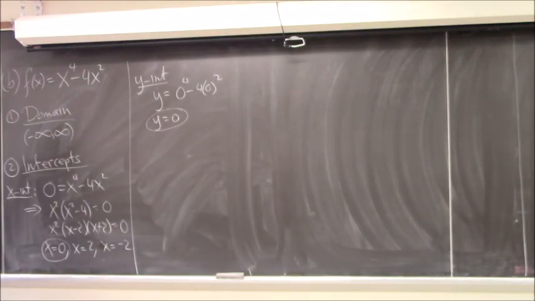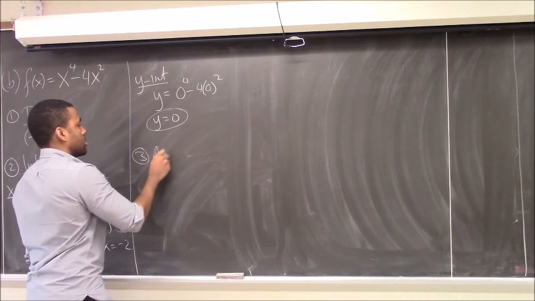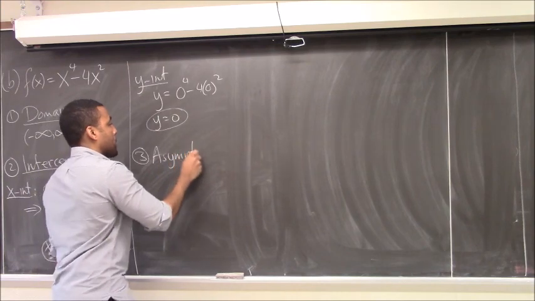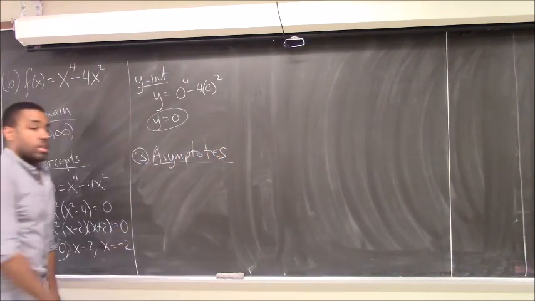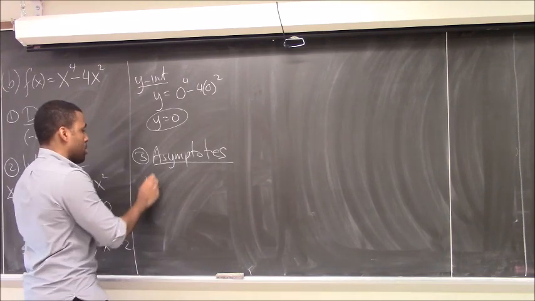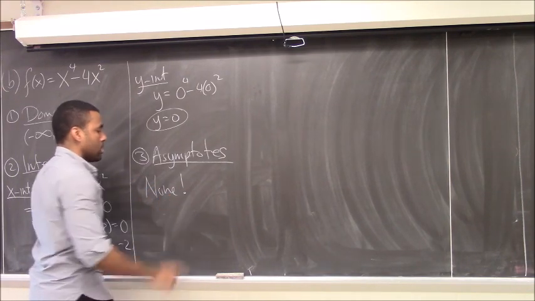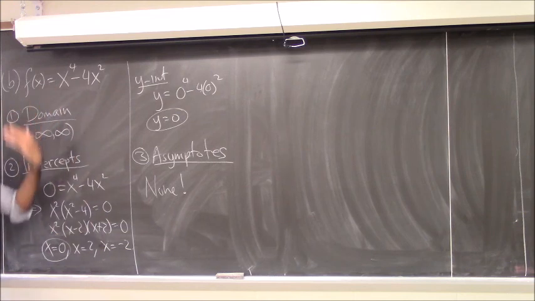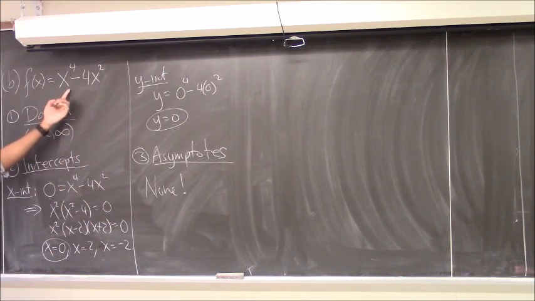Let's continue. So we found the intercepts. What was the next thing? The asymptotes. Now the thing is, you realize this is a polynomial. That's actually great. There are none, right? Polynomials don't have asymptotes. There's no vertical asymptote because I can touch any x value I want, and there's also no horizontal asymptote because if I take the limit as I go to infinity, I get infinity.